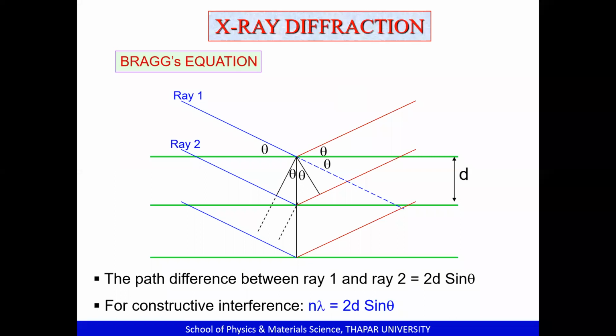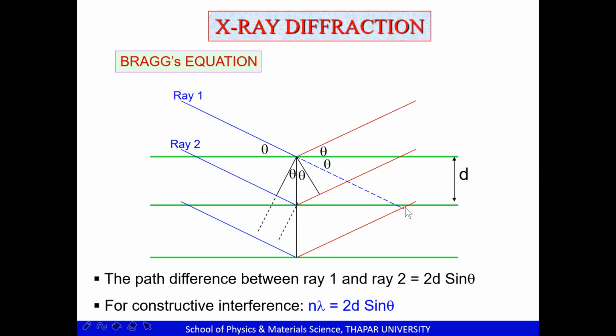So if you have a crystalline material, the planes of atoms behave as if they are making slits. Why? Because you have atoms sitting on this green color line, then you have another parallel atomic plane which is some distance d away.